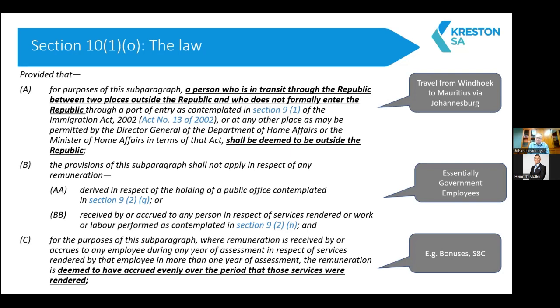Let's assume you receive a bonus in March of 2023 in respect of your services rendered over the last 2 years. Then that bonus is apportioned over the period. They say, thank you very much, well done, here's a bonus of $1 million. It is for services rendered over the last 2 or 3 years, or the last 12 months. Then you've got to apportion it on a straight-line basis to see where it belongs.